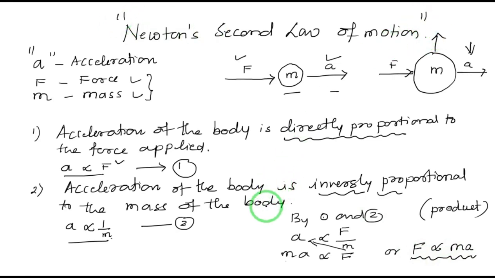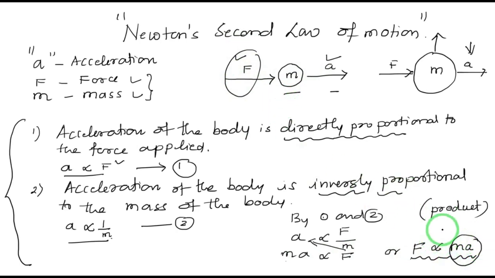Did you understand? So what can be the statement now here? If it is asked in the examination, you can write it completely like this, or you can simply say the force applied on a body is directly proportional to the product of the mass and acceleration. But how has that format come?